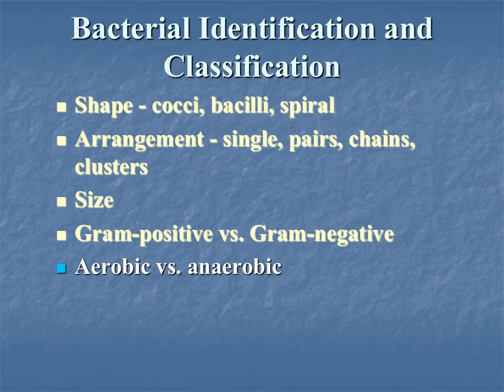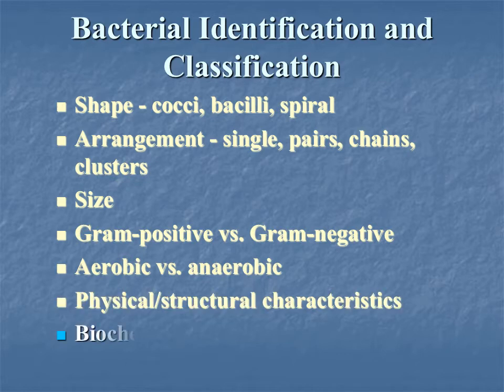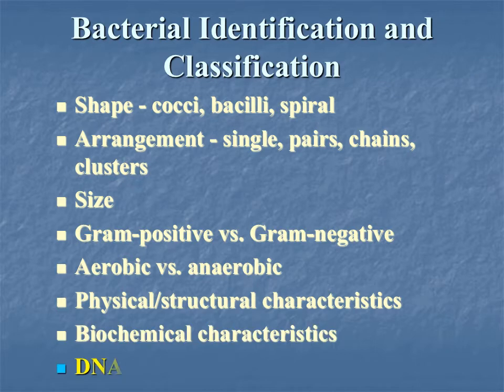According to gram staining, they can be gram positive or gram negative. According to the type of respiration, aerobic or anaerobic. They can be classified according to physical or structural characteristics and biochemical characteristics, and of course according to DNA analysis.